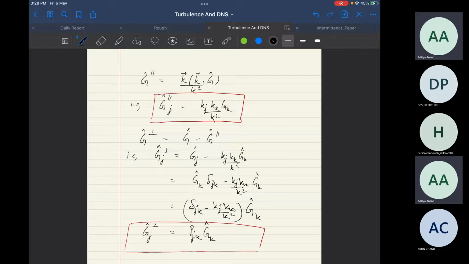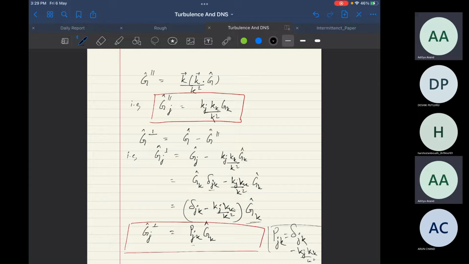This term is 1 only when j is equal to k, so this is basically equal to gj. Now if you take gk common, you'll get delta jk minus kj kk by k square. This term in the bracket is basically the projection tensor Pjk. So your Pjk is delta jk minus kj kk by k square.